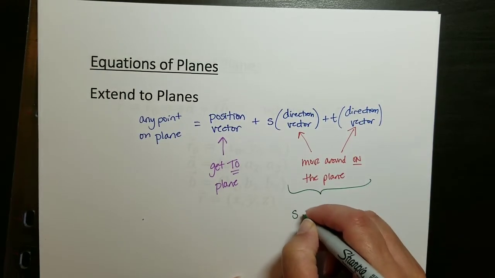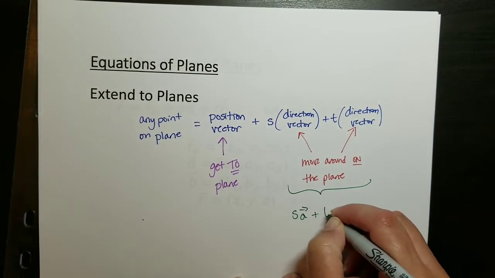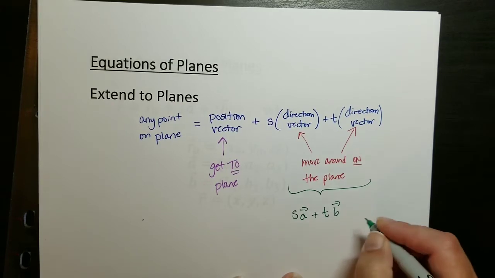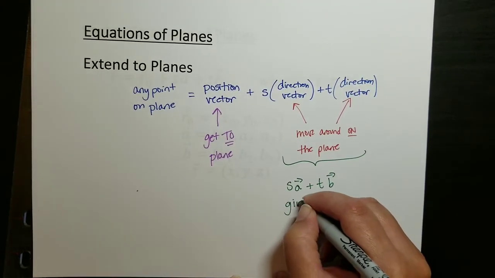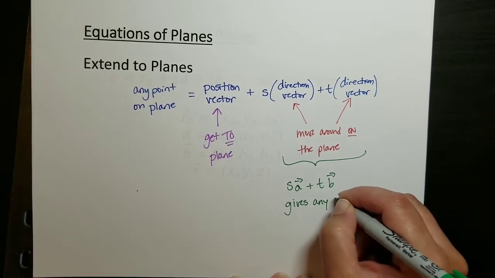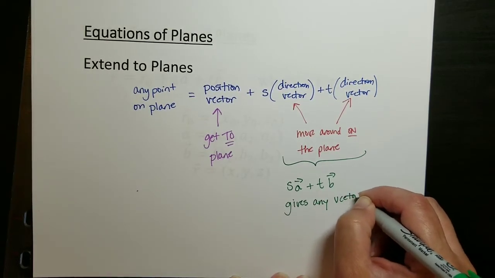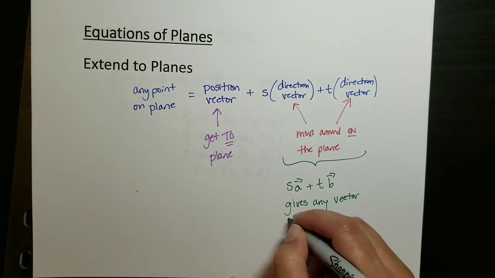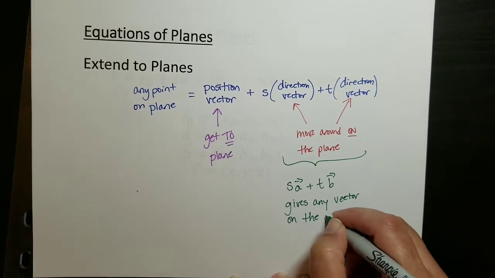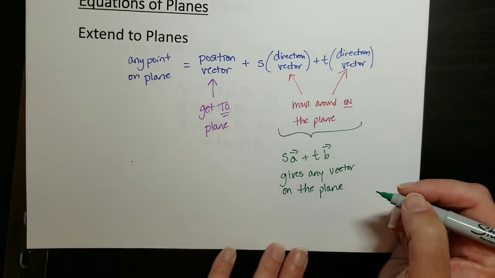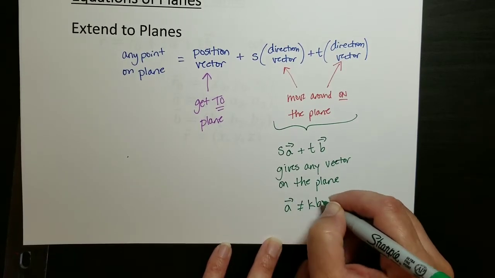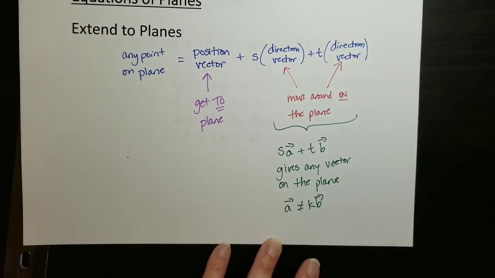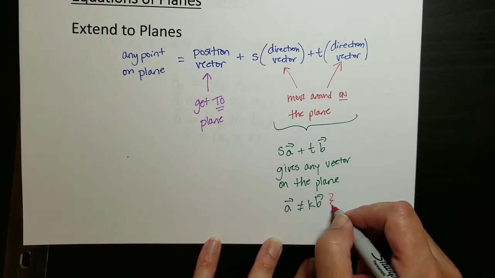So S times vector A plus T times vector B gives any vector on the plane. And again, A cannot equal K times B. They cannot be collinear vectors, or else this just won't work.